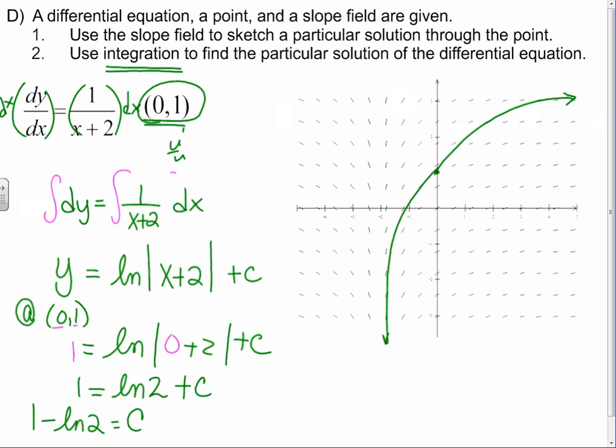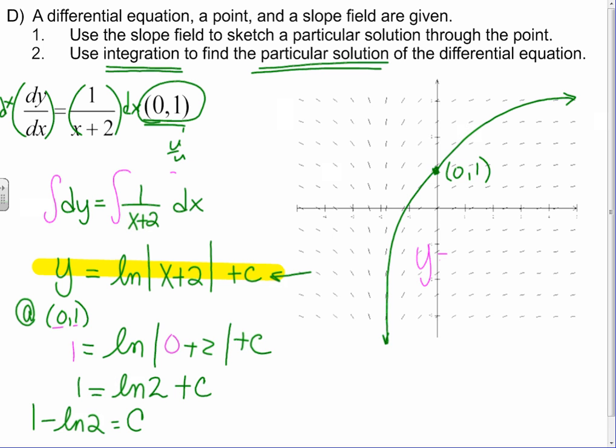So my final particular solution that goes through the point 0, 1 will be a rewrite of that particular equation. All I need to do is get my c written in.